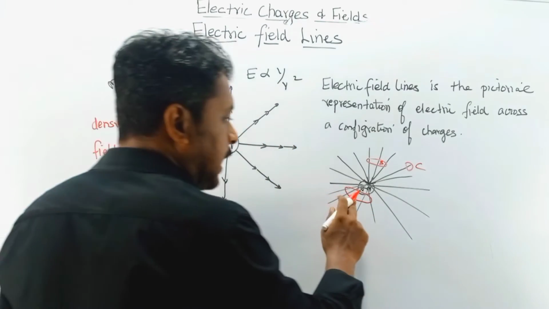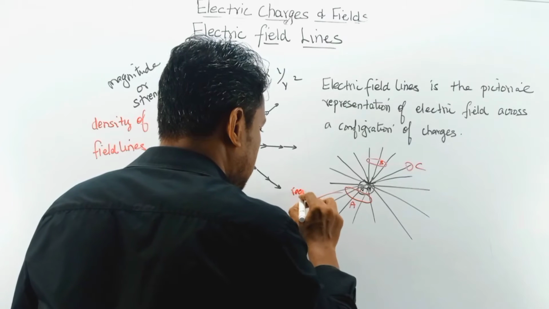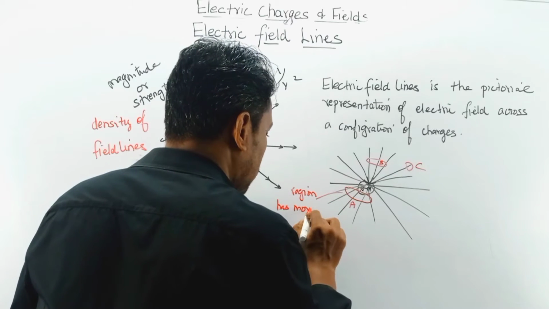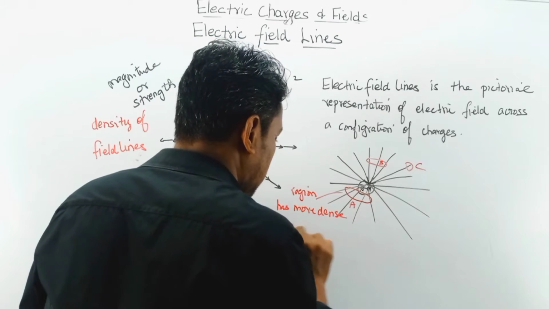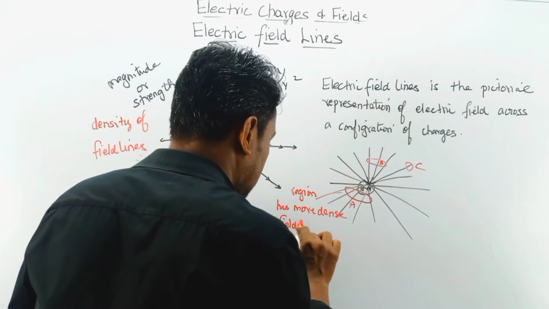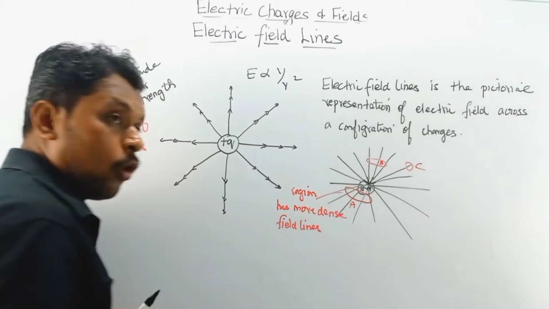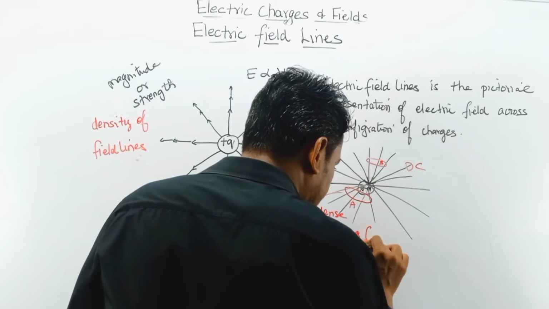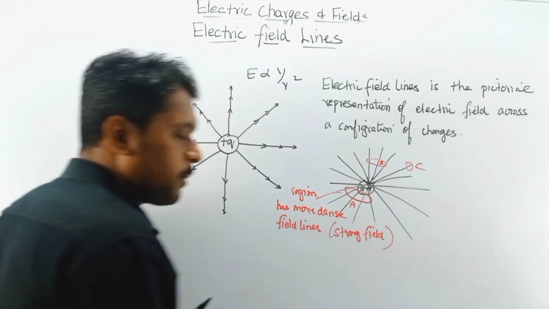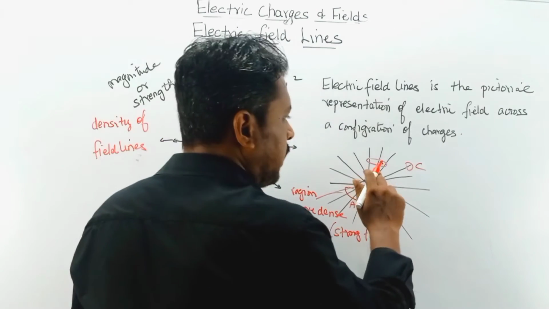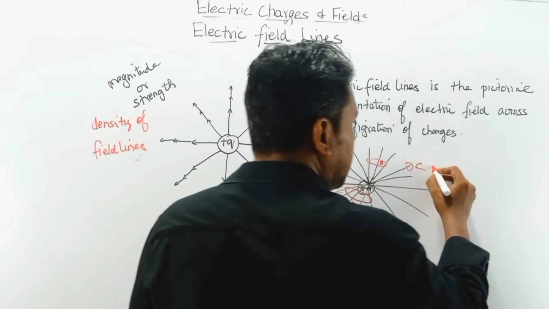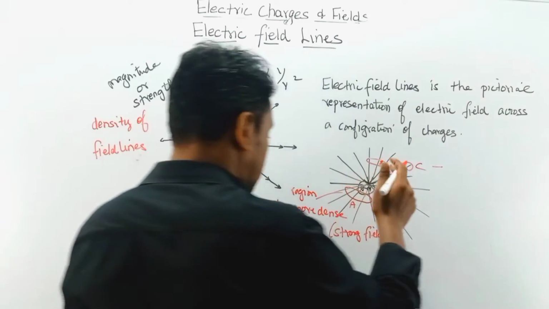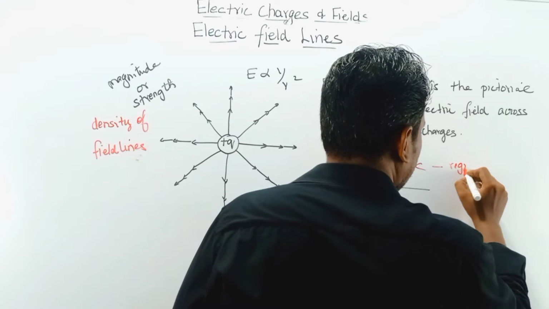It represents that this region has more dense field lines. More dense field lines represent a strong field. B is in the medium stage.